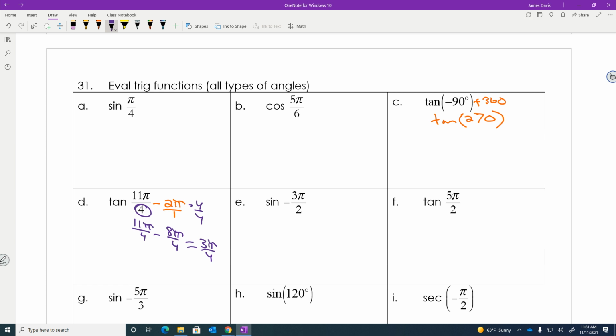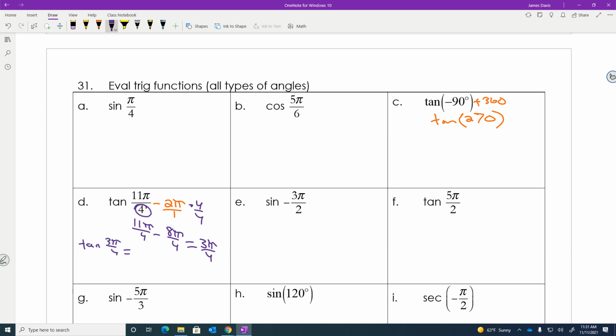And now I'm just going to find the tangent of 3 pi over 4. So that's going to be the same thing. This has just gone around the circle once and then came back around. So then we need to think 3 pi over 4. And again, if you want to use the unit circle for this, it's okay. Some of these will be kind of challenging, so it'll save you a little time.